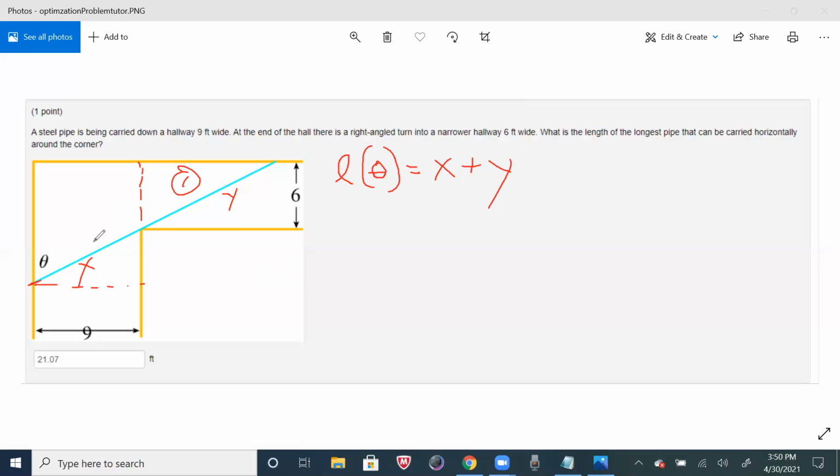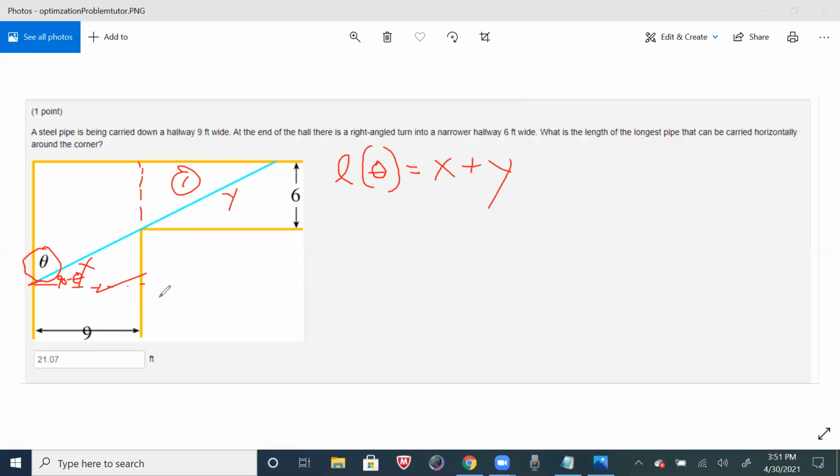Okay, all right. Well, except that's not theta. Theta is that angle. Right. So this is 90 degrees minus theta, and I do know this measurement.